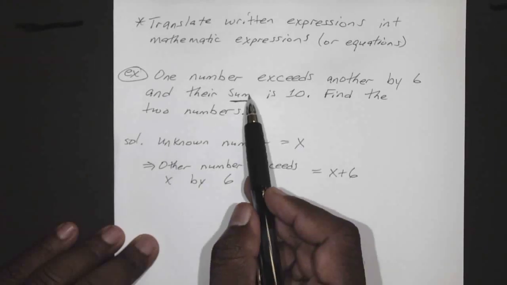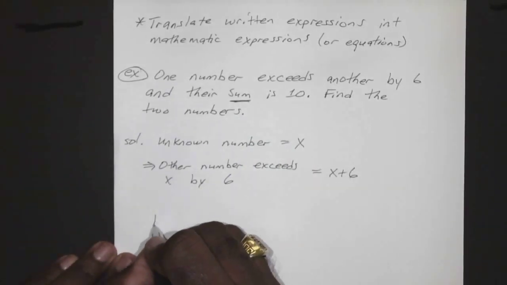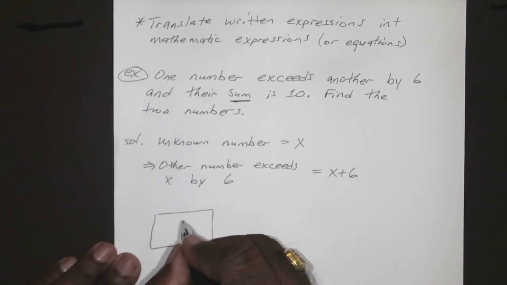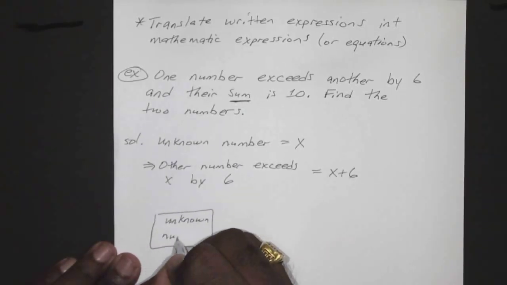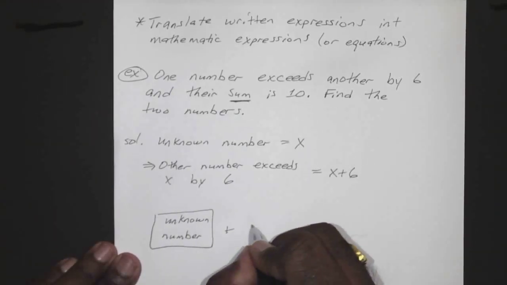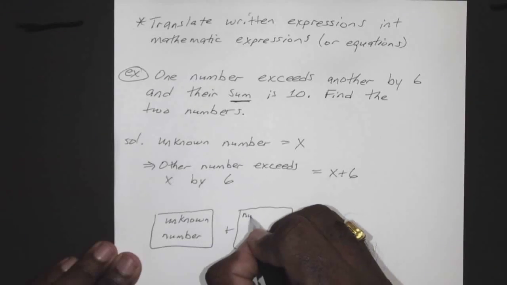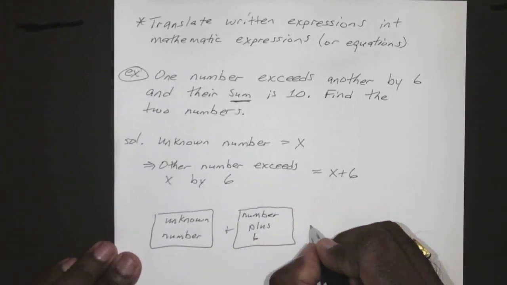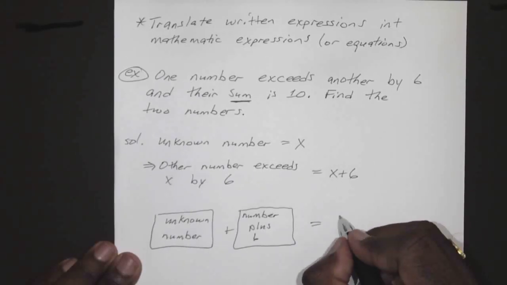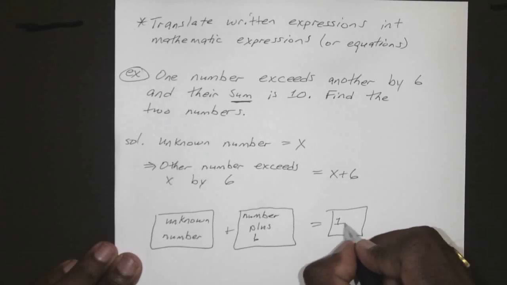So you know if their sum is 10, we know that the unknown number plus the number plus 6 is equal to 10.